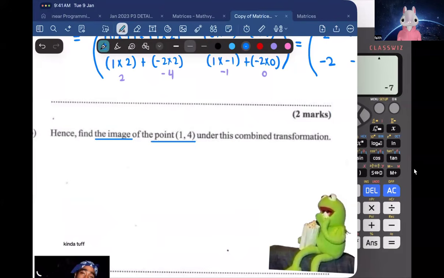The point is the object. And we know that if you want to go from the object to the image, you multiply the transformation matrix by the object, and that would give you the image.